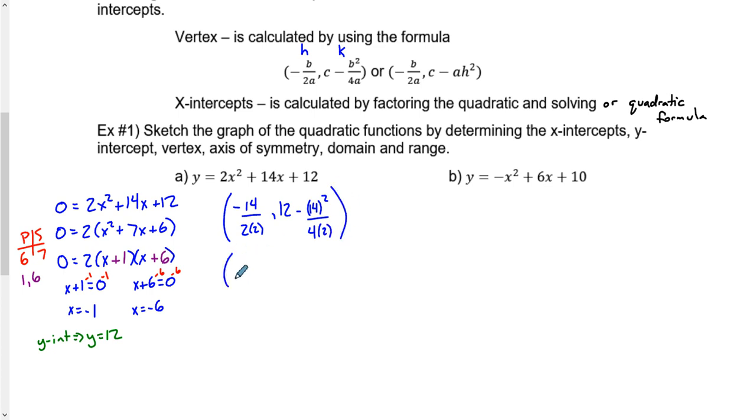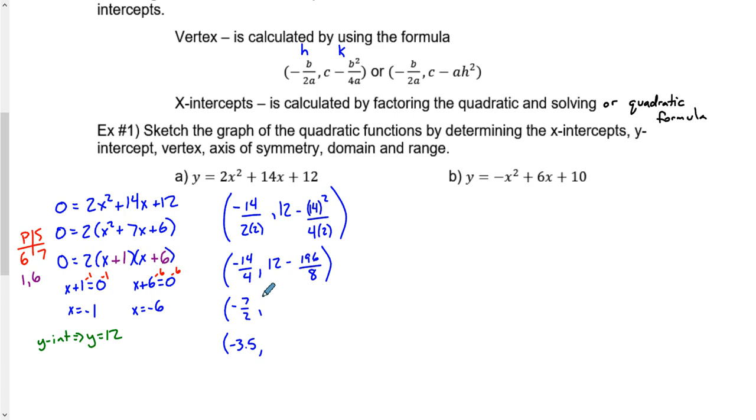And we continue on. So negative 14 over 4, while subtracting 196 over 8. So negative 14 over 4 would reduce to be negative 7 over 2, or negative 3.5. Sometimes when we're graphing, it's easier to deal with the decimal.